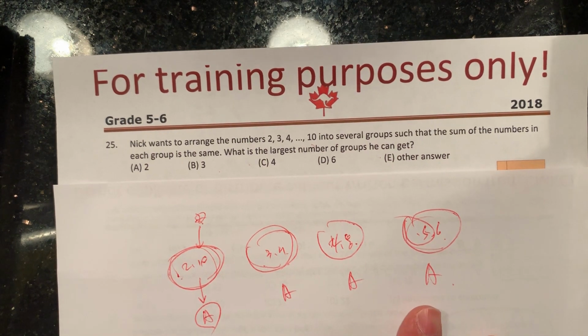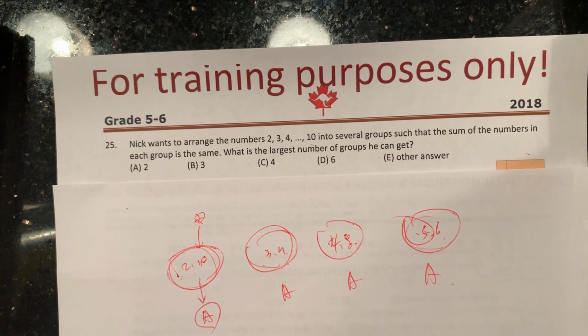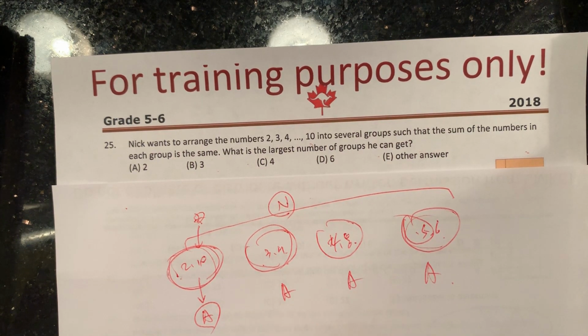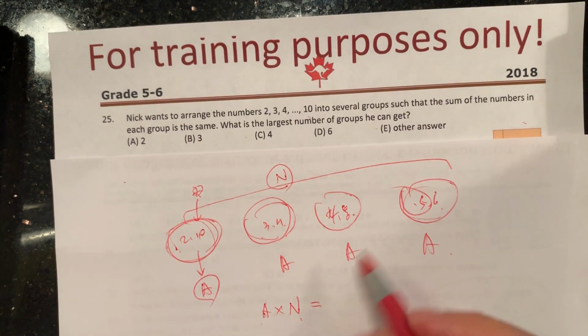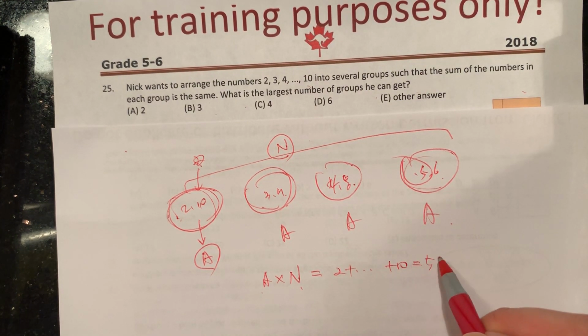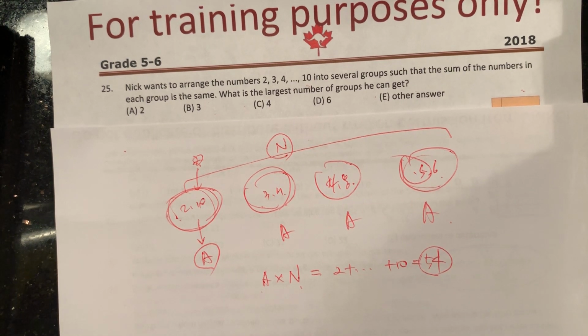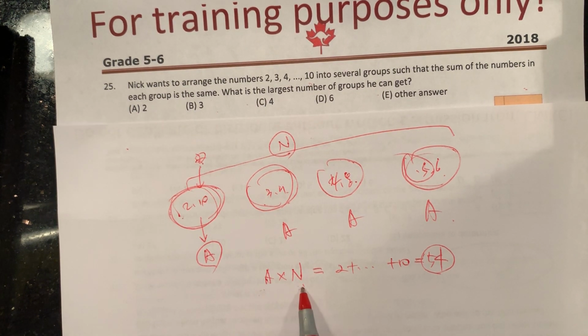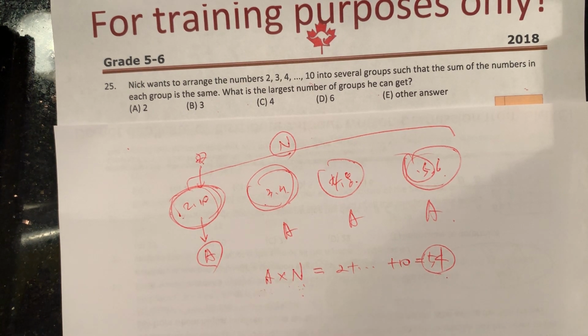And let's say the number of groups is n. Then a times n should equal the sum of these numbers, which is 54. This means that both a and n should be divisors of 54.